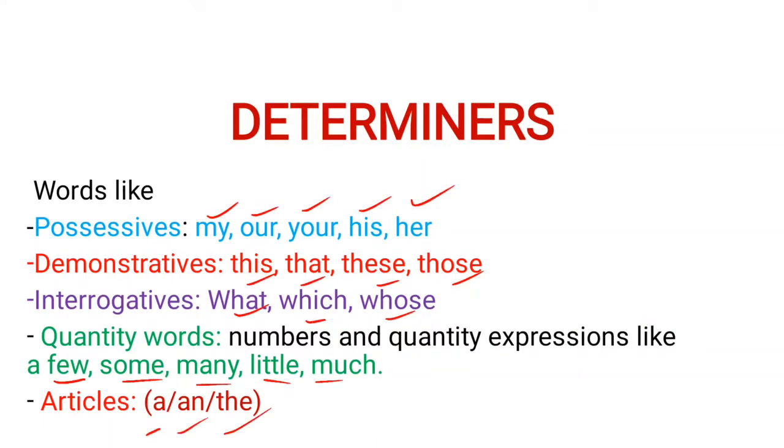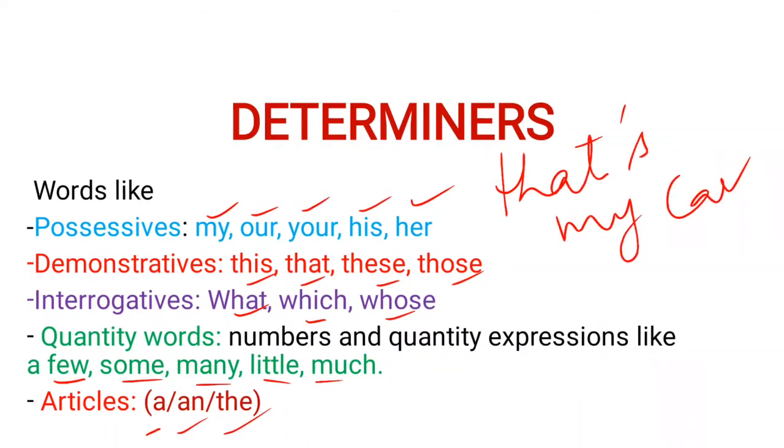When I say that's my car, here I am not talking about any car. I am talking about a particular car, that is my car. So the word my acts as an adjective. By giving information about the car, I'm emphasizing that I'm talking about my car.